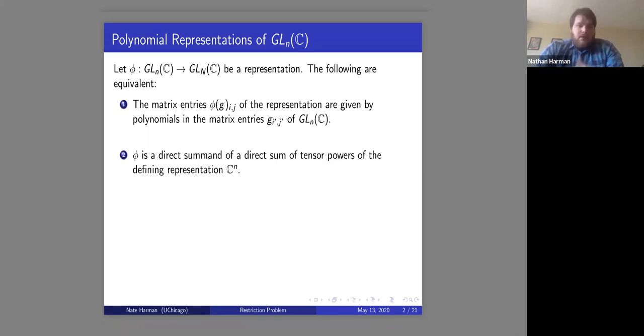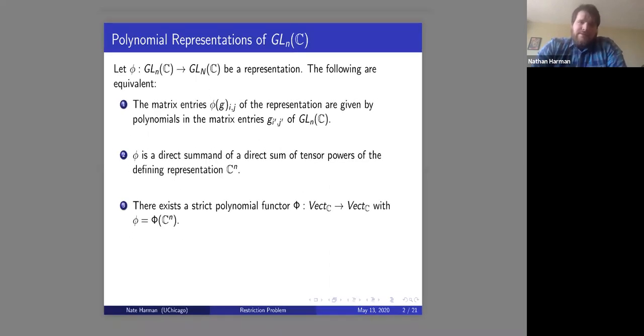Okay. Another formulation: a polynomial representation of GLN always extends, or is the restriction of, a polynomial functor from vector spaces to vector spaces.